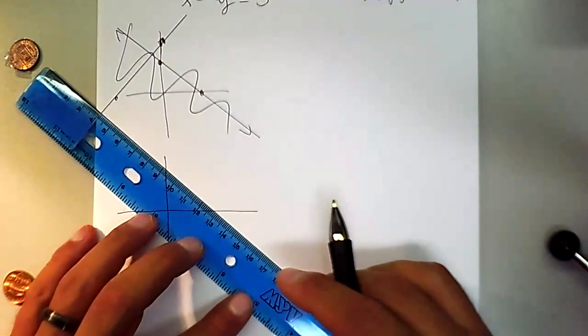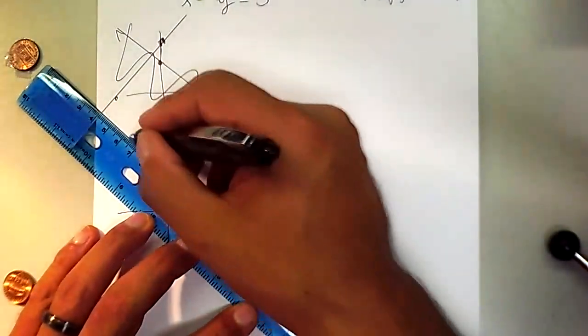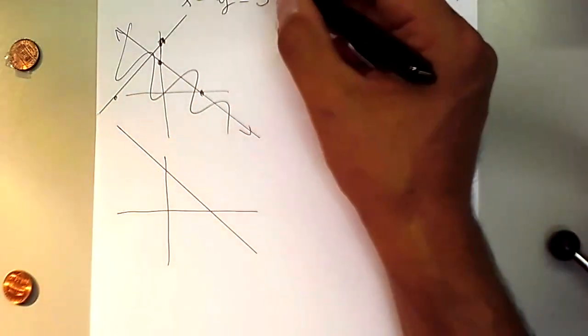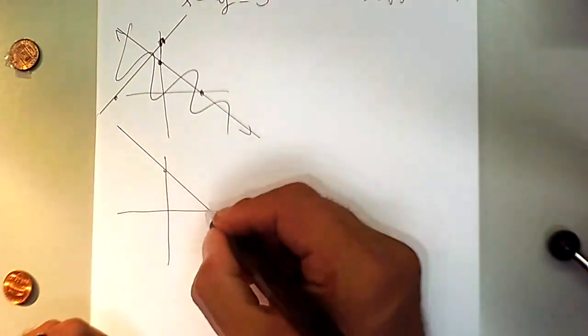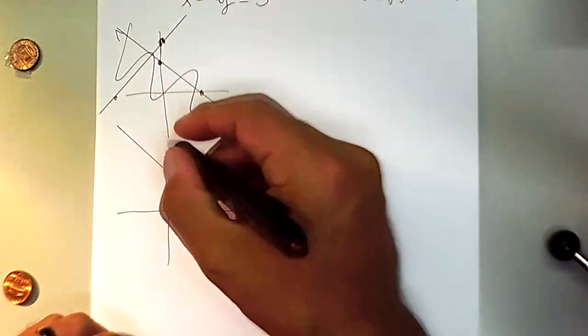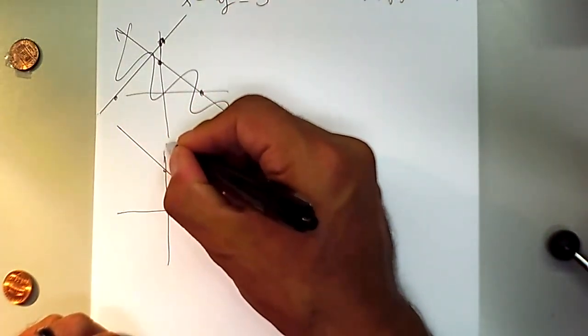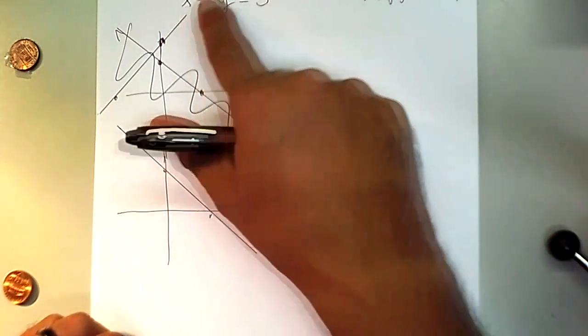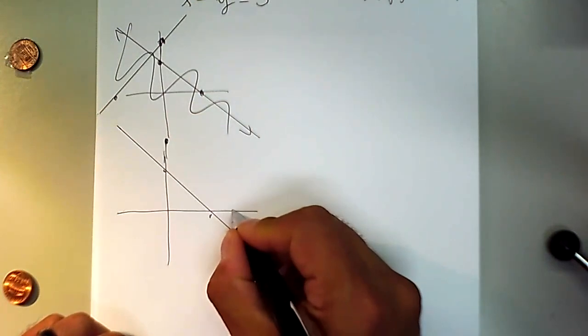Of course, that's wrong. So there it is. So there's the first one, 3 and 3. And then when y is 0, x equals 5, so it'll be somewhere above, maybe here. Oh, here I'm doing the same thing. X equals 5, there you go.